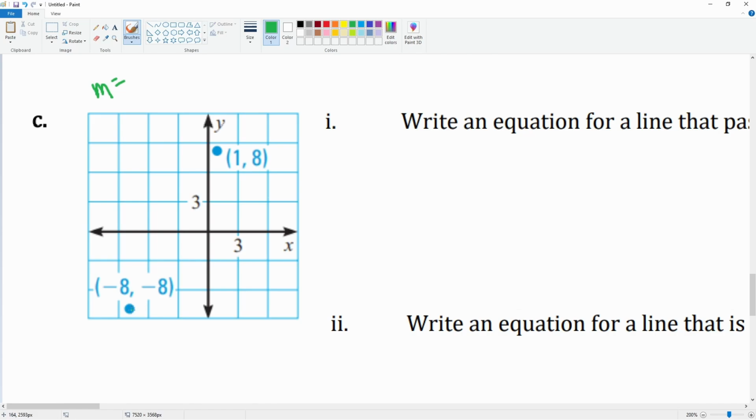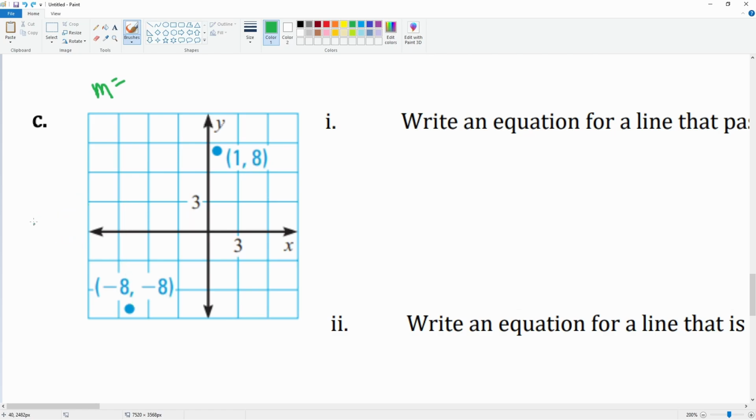You're going from -8 all the way to 8. You went up 8, then you also went up another 8. So delta y is equal to 16. Then we're going to go to the left. We are starting from -8, so hold on.